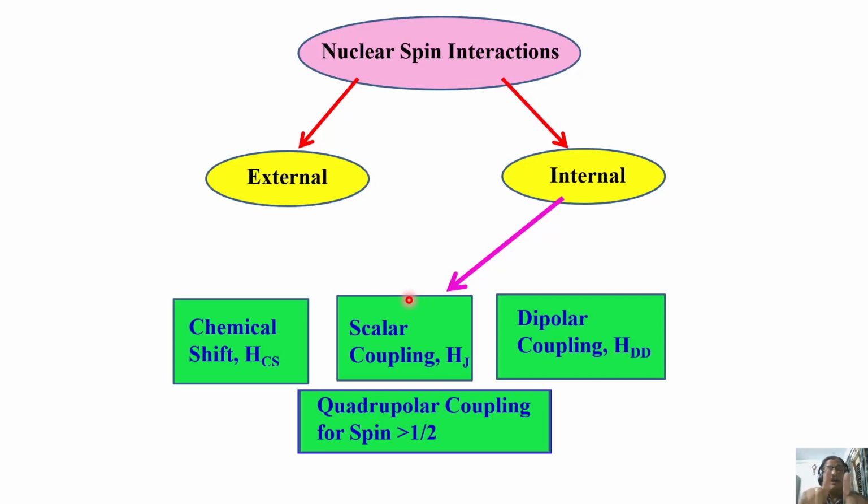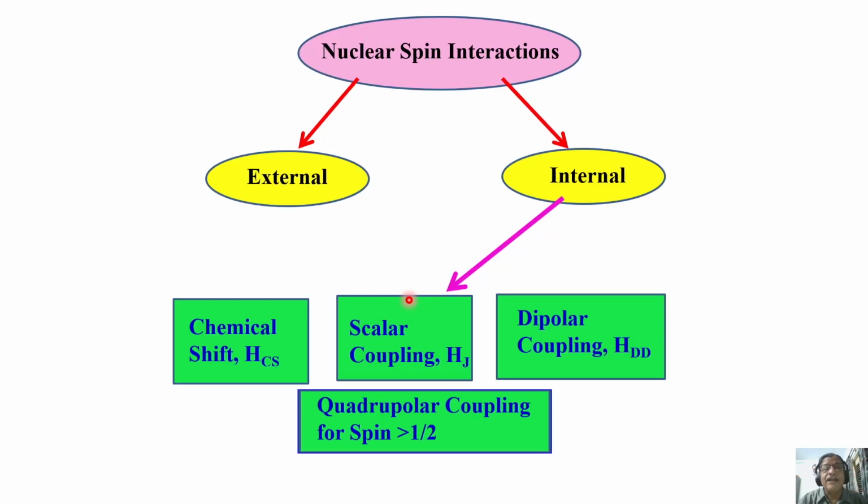But then remember, again, two magnets coming close in space. That can be a direct interaction without invoking a chemical bond. This is spatial interaction. Interaction between two nuclear spins or two magnets through space.